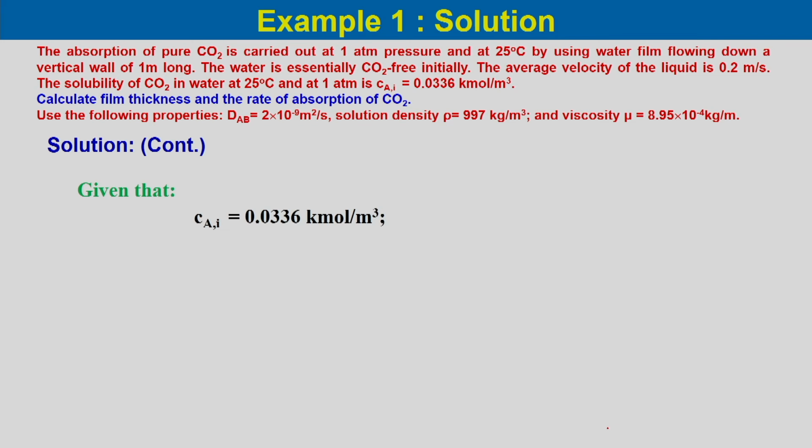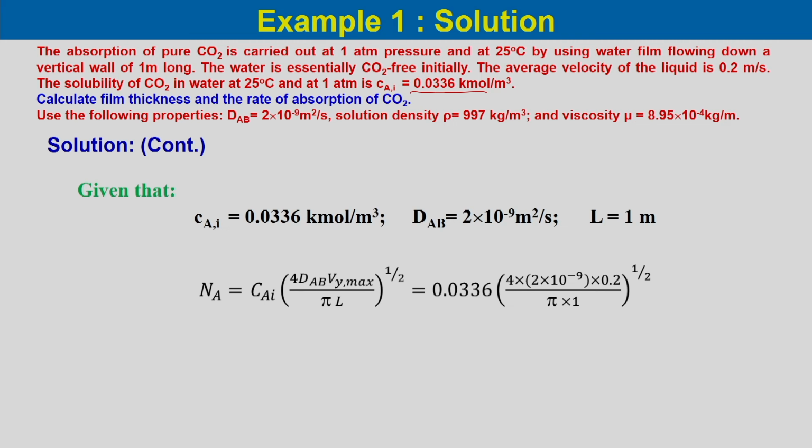Now, for the rate of absorption of carbon dioxide, we need to know the concentration driving force. So, C_AI is given as 0.0336 kilomole per meter cube. D_AB is 2 into 10 to the power minus 9 meter square per second. L is 1 meter. So, we can write the equation of flux.